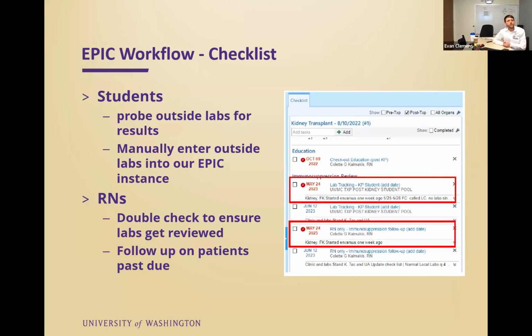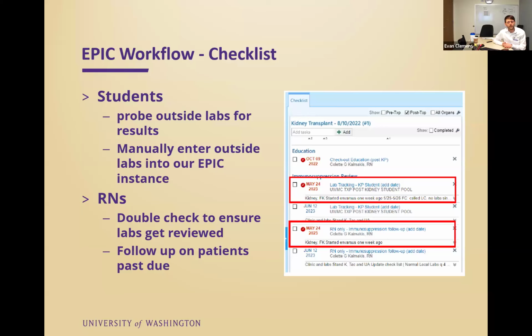So then on the checklist, we still do use the checklist tasks, and this was mimicking the existing workflow. In the existing workflow, for patients in the first 3 months managed by their transplant nephrologist, we would have this lab tracking task for our students. We have undergraduate students who come and work for the department, for the Transplant Institute, and they probe for results.